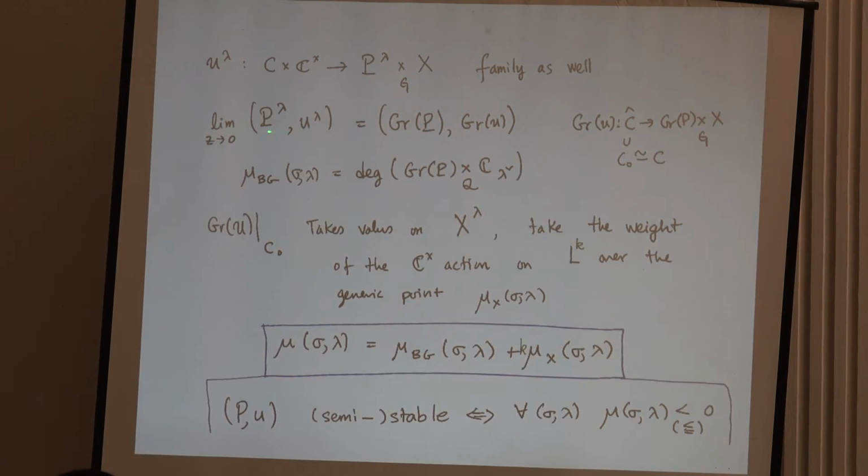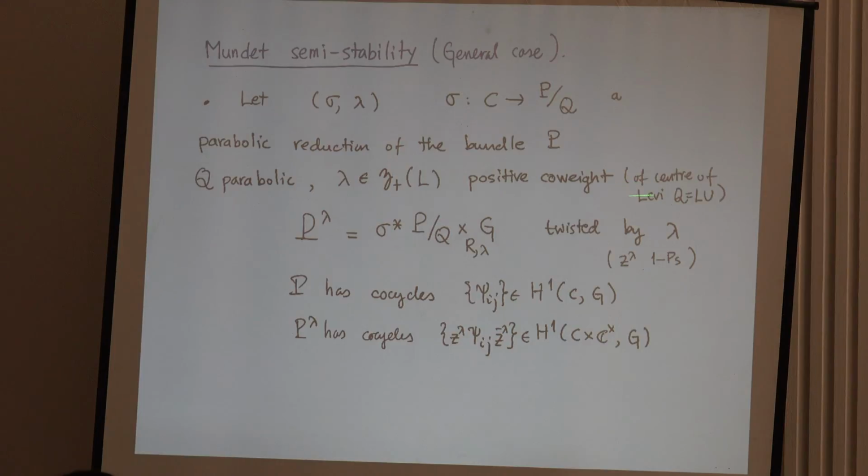And then you do the same with the sections. So you had a section that goes to the associated bundle, P cross X mod G. In the case where you do this twisting by the lambda, the one parameter subgroup, you also obtain a section and then you take the limit. So in this case, unfortunately for the section U, this limit always exists because of my choice of positive co-weight.